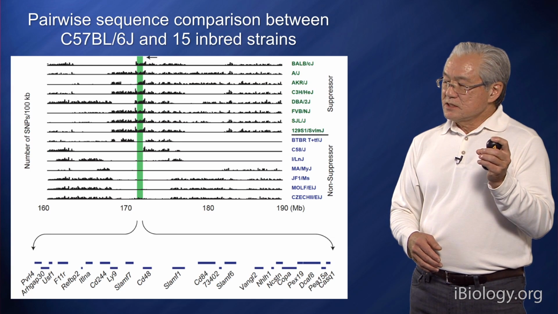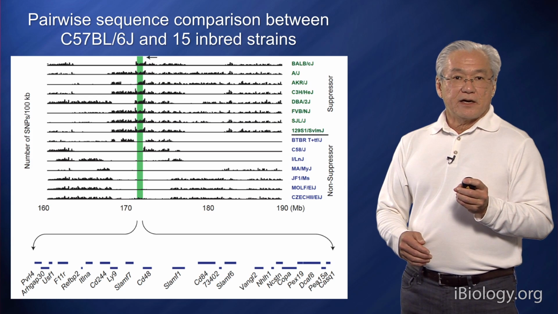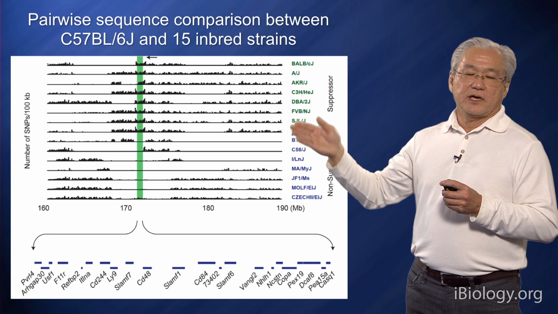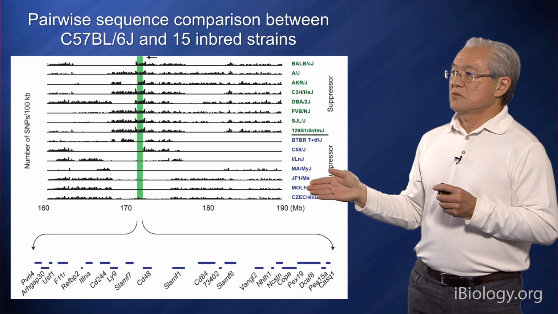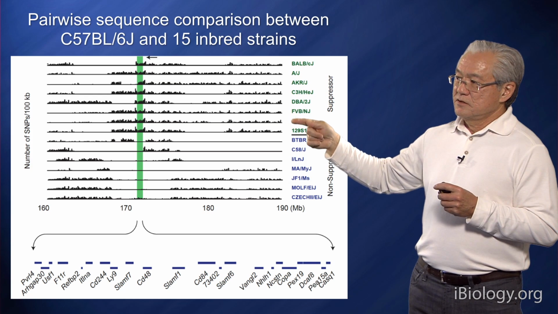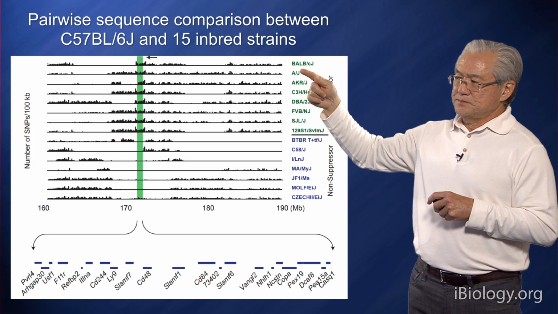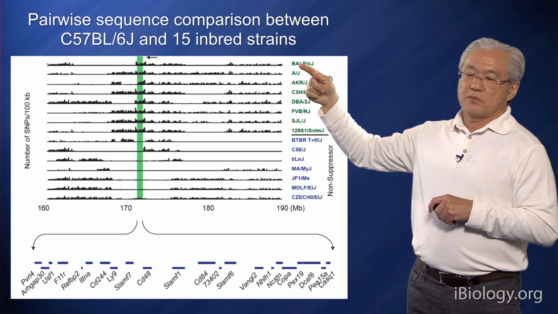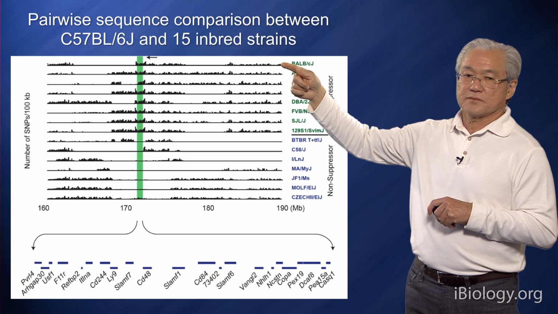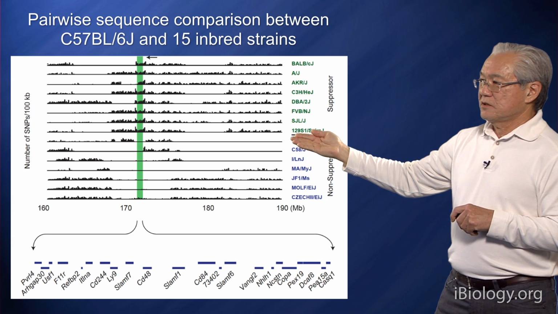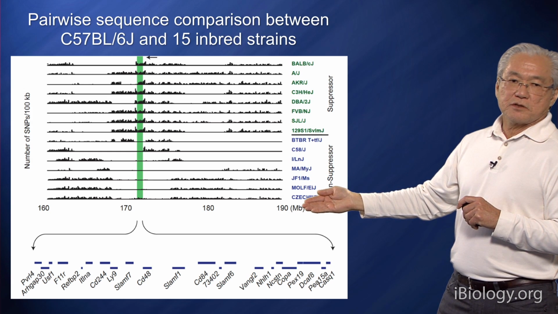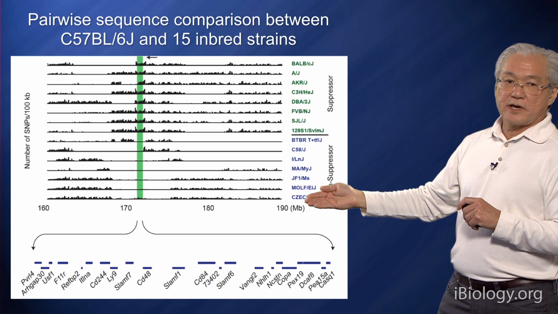And so we could then take advantage of that by looking within the 25 megabase suppressor region of chromosome 1 and look at all the sequence differences in these 15 additional strains of mice in comparison to black 6. So these histograms show all the sequence differences with black 6. The top strains shown in green are the suppressor strains, and the bottom strains shown in blue are the non-suppressor strains.